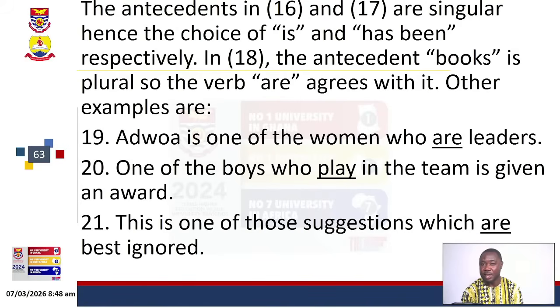That is why we chose are. The antecedent of the relative pronoun who is boys or the boys. That's why we chose play, which is a plural verb. And the antecedent of the relative pronoun which is those suggestions, which is plural. That's why we chose the verb are, which is a plural verb.